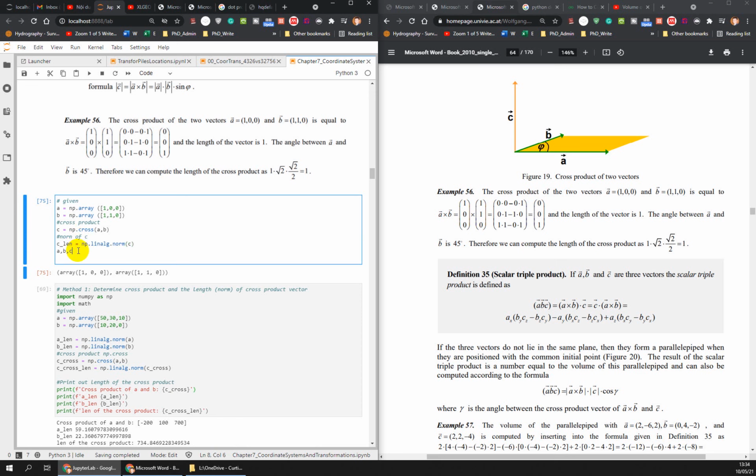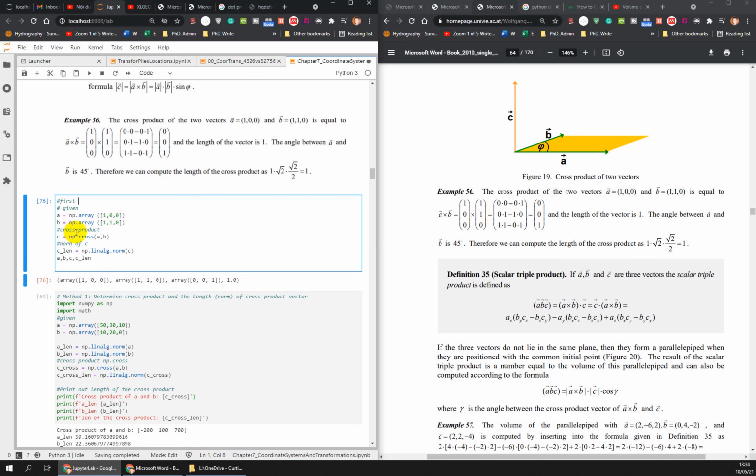Now we can print A, B, C and the length of C. A is this, B is this, C looks like this, and the length of C is like this. So this is the first method to determine the length of a cross product vector.